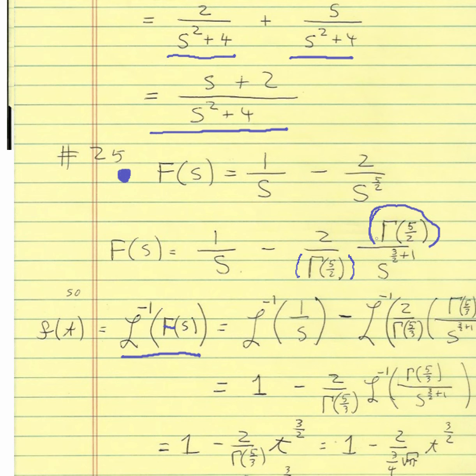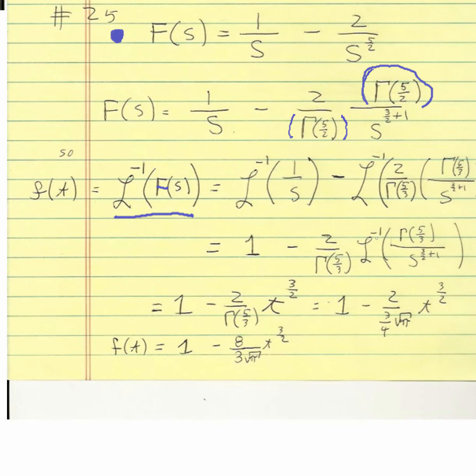Okay. So then, following along, we take the inverse Laplace transform of capital F, and that is also linear, so we get this. And the important thing is, look here, you see this 2 divided by the gamma of 5/2? Since this is a linear transformation, we can take constants in front of the transformation, and that's why you see it appearing outside of the linear transformation L inverse.